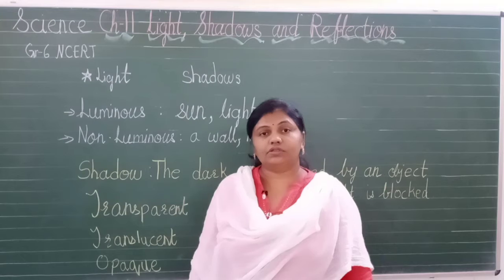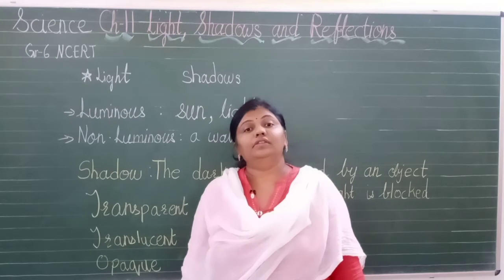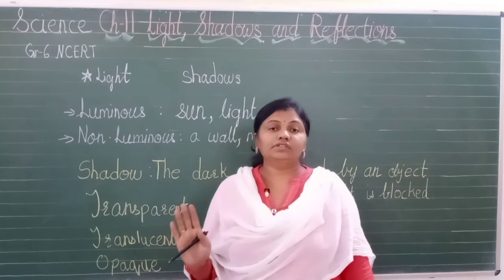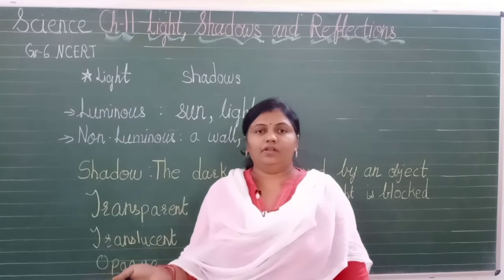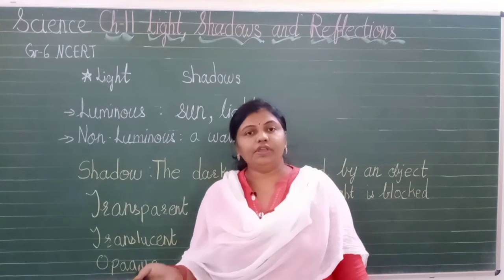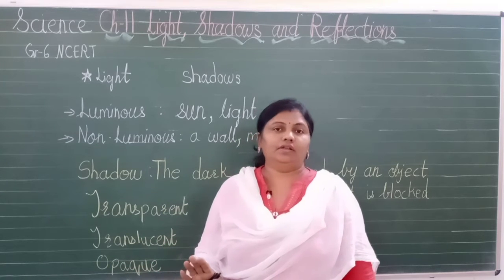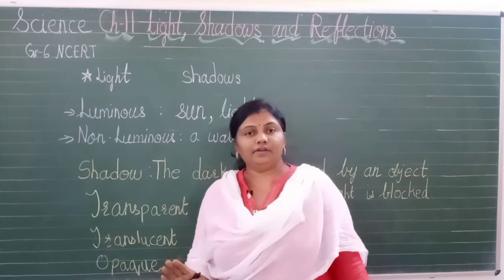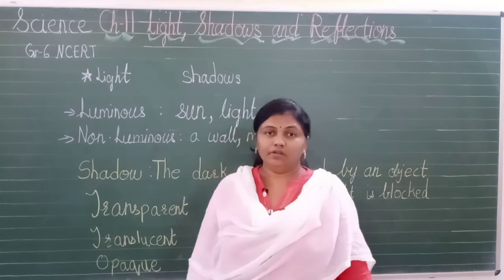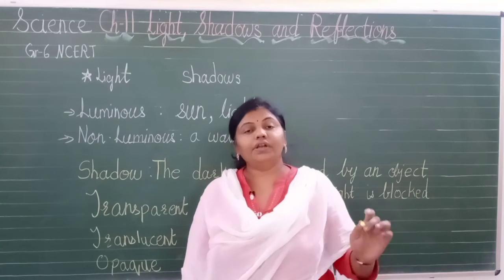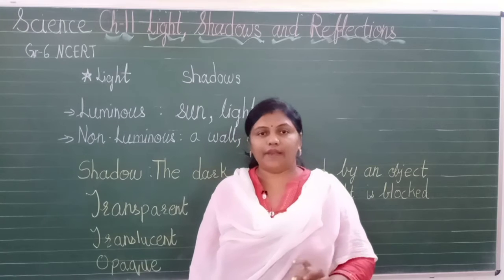And now students, are you aware that shadows are never colorful? Shadows are always black. Whatever color the object may be, the shadow will always be black. If you wear a red dress or a red kurta, or a white one, the shadow will always be black.